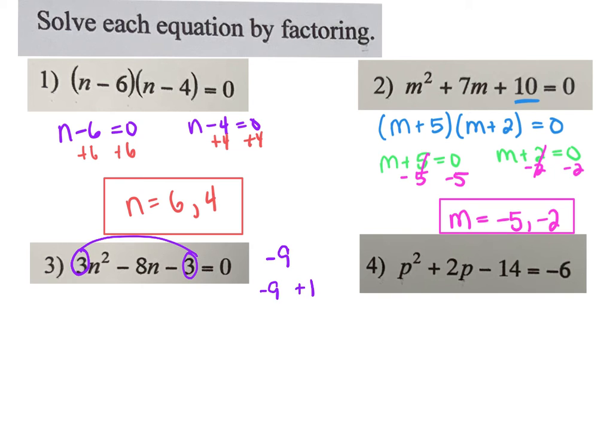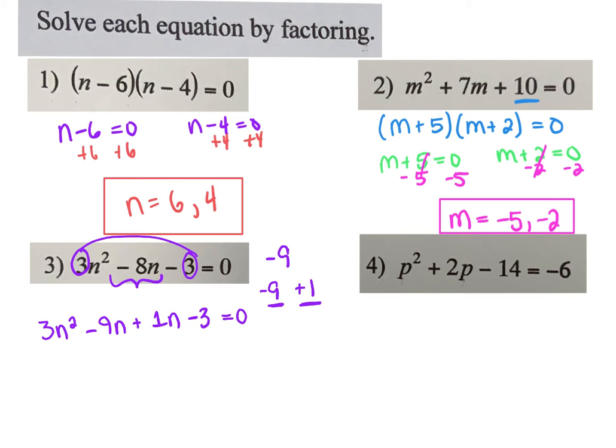And then we are going to rewrite this middle term using those. We're going to say 3n squared, and we're going to use our minus 9n plus the 1n, and then leave the -3. And now that we've broken it into 4 terms, we are going to factor by grouping, all right?